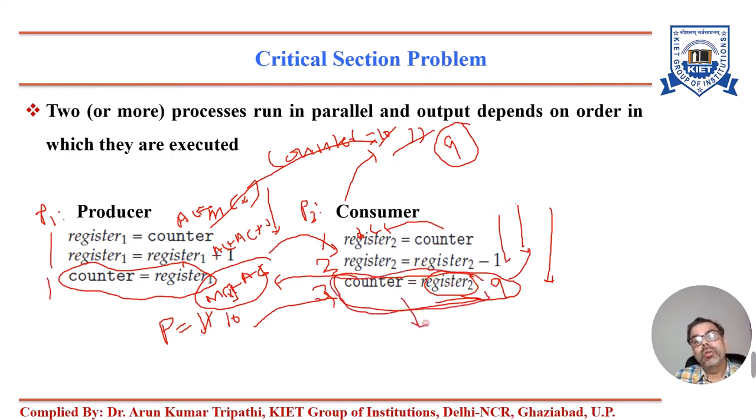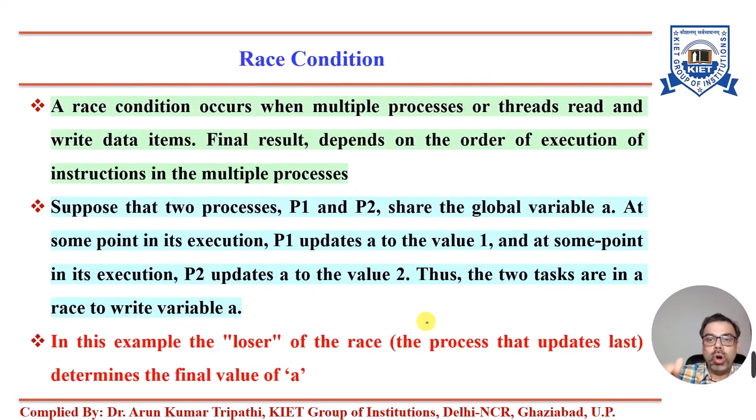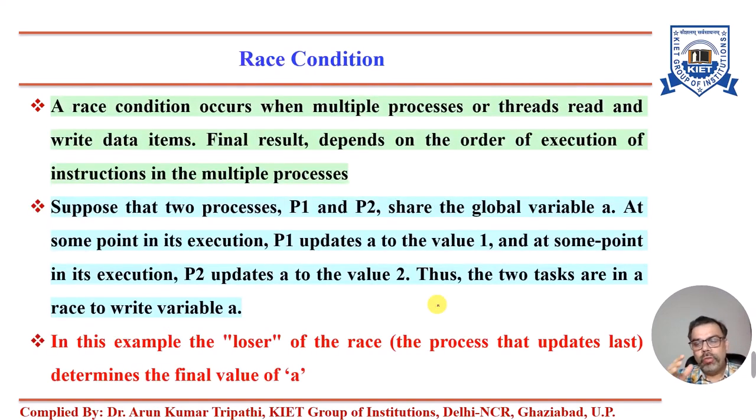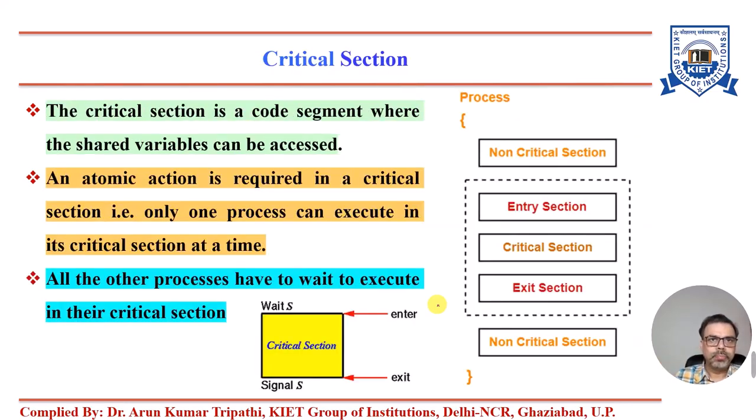So the result will depend on the last statement or the order in which it executes, or we can say this is the loser statement because it executes at the last. So according to the race condition, the value of the memory location of shared variables will depend on the loser process or the loser statement.